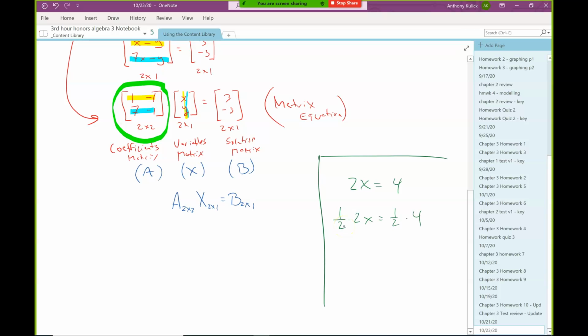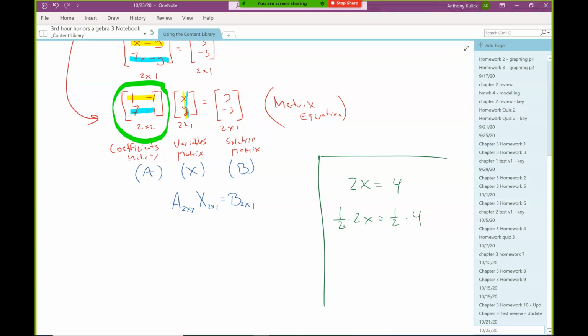Now, what is the relationship between 2 and 1/2? Okay, they're reciprocals. Good. And for real numbers, the reciprocal also has a special name. It's also called the multiplicative inverse.